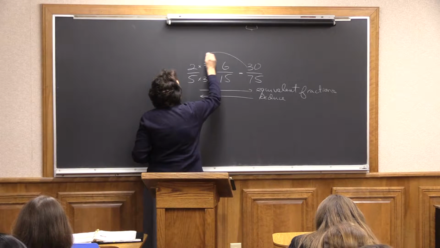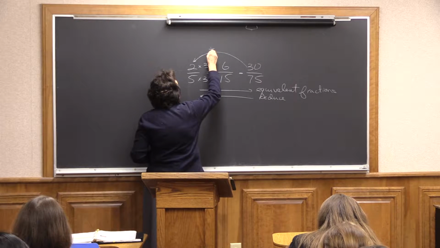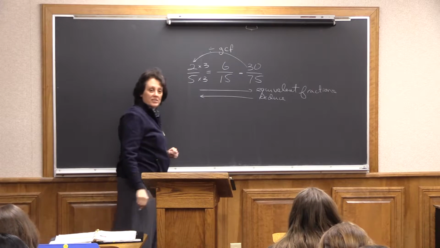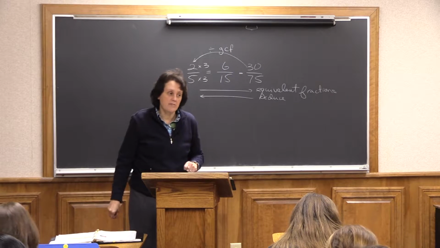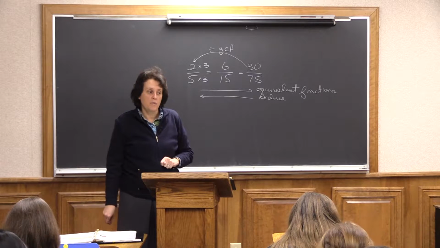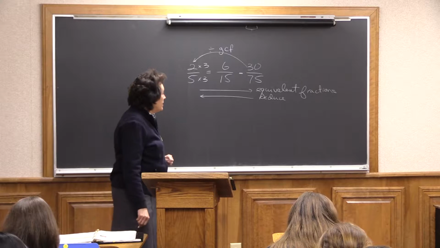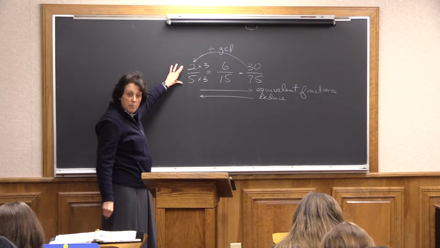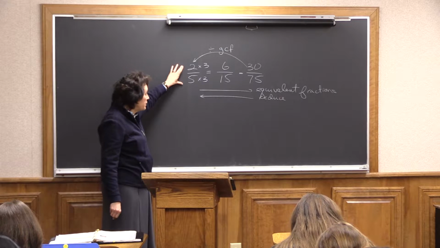So if I want to reduce this to lowest terms, I am going to divide by the greatest common factor. At this level, we can just use our divisibility rules, or we can use our times tables, and we keep dividing down until the numerator and denominator are prime to each other, or relatively prime.